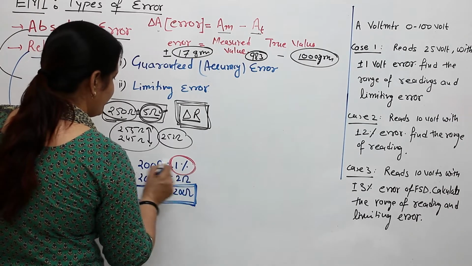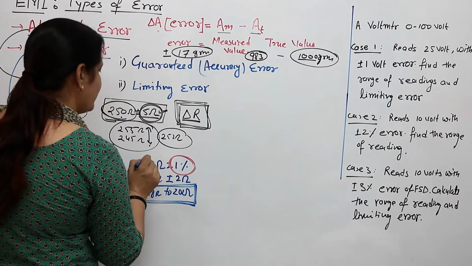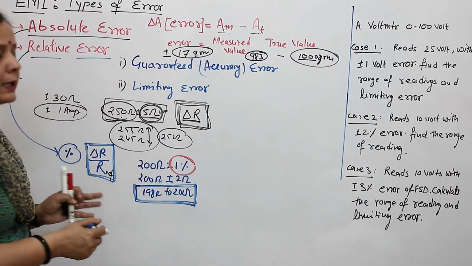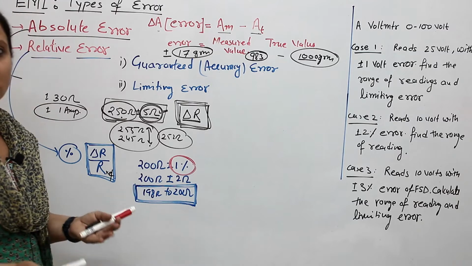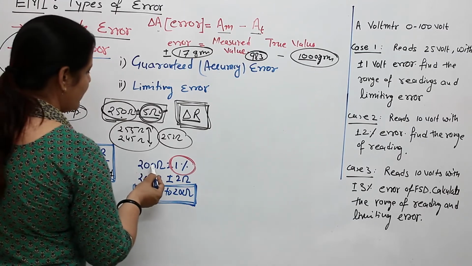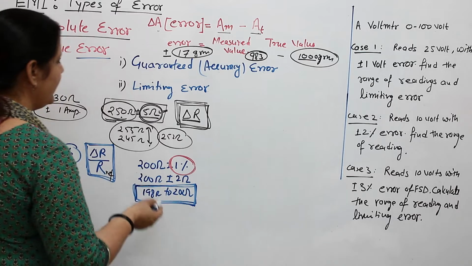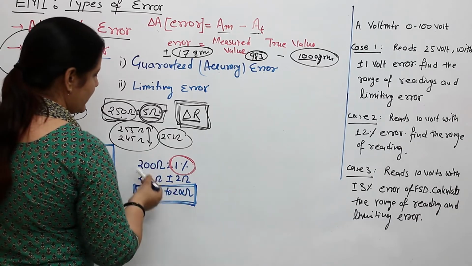Calculate the 1% of 200 ohm. This can be either the measured value or the true value. If this is the true value, then they ask about the range of the measured value. If this is the measured value, they can ask the range of the true value that can possibly occur in the circuit.